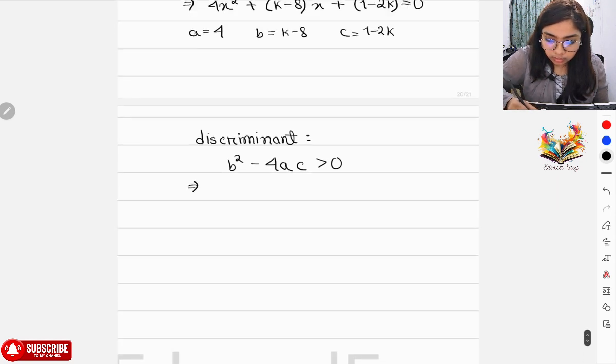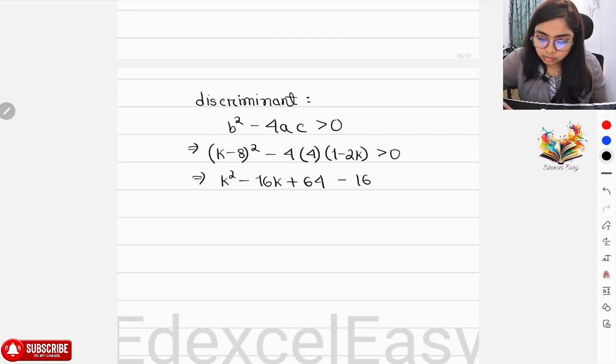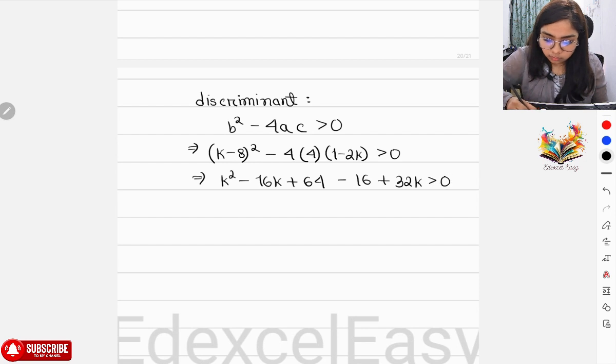So which will be k minus 8 whole squared minus 4 times 4 times 1 minus 2k greater than 0, which is now k squared minus 16k plus 64, minus 16 plus 32k greater than 0.